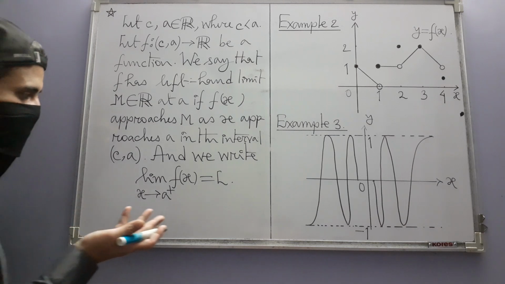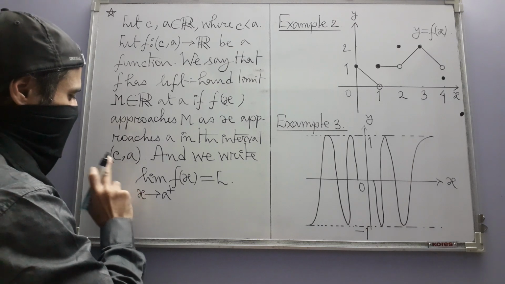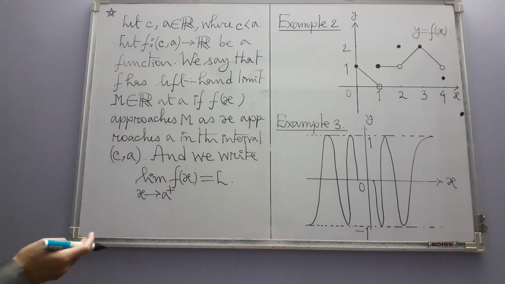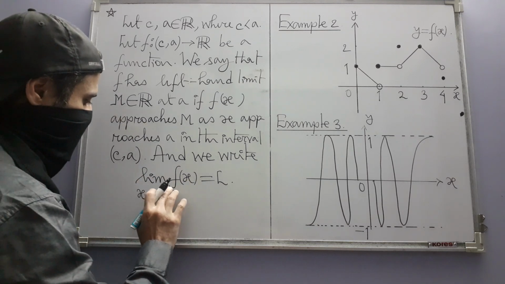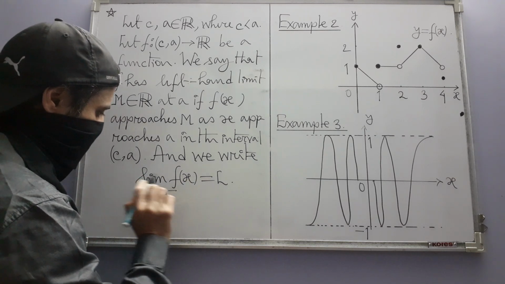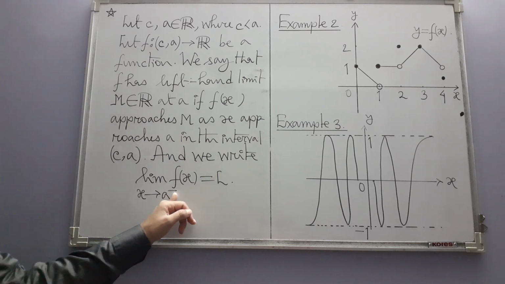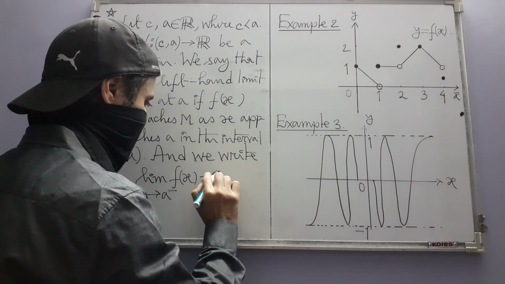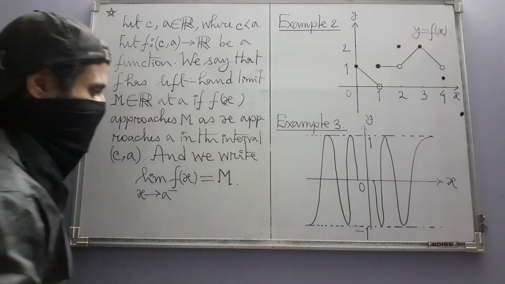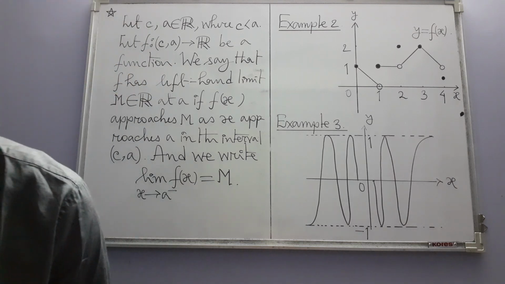Now, opposite to what we have in the right hand case, any such x will be less than a. So this is the other side of a, the left hand side, and we write this. Okay, here we use the superscript minus. So these are the informal definitions of one-sided limits.